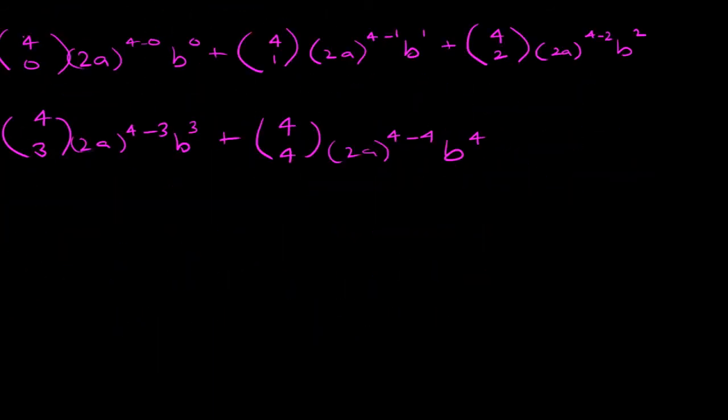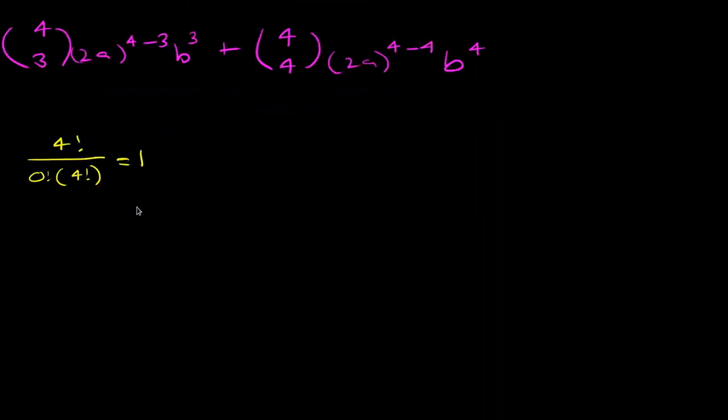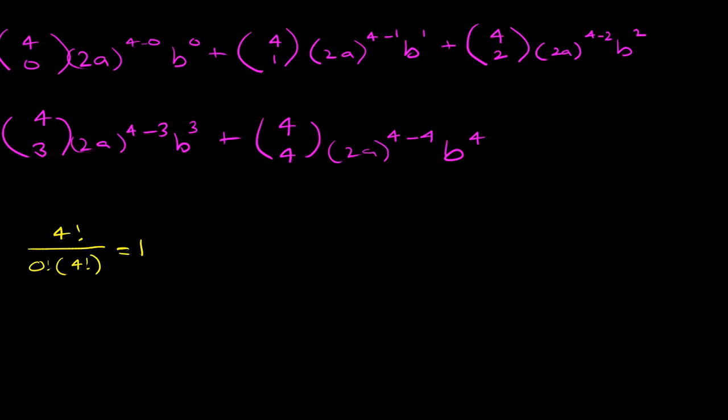Well, 4 choose 0 is just 4 factorial over 0 factorial times 4 factorial. And this is just equal to 1. So we have 1 times 2a to the power 4 times b to the power 0, which is just 1.